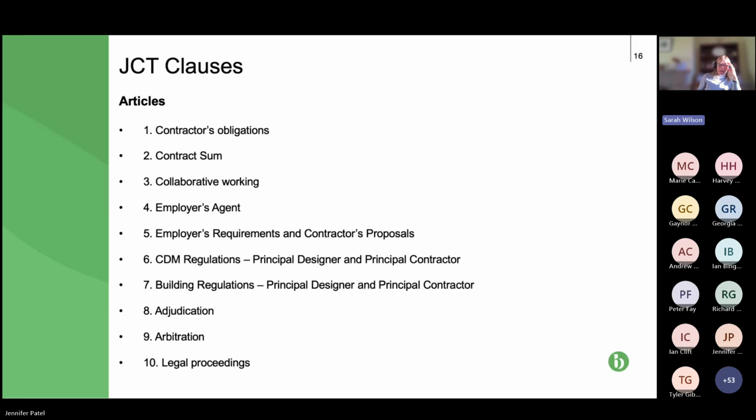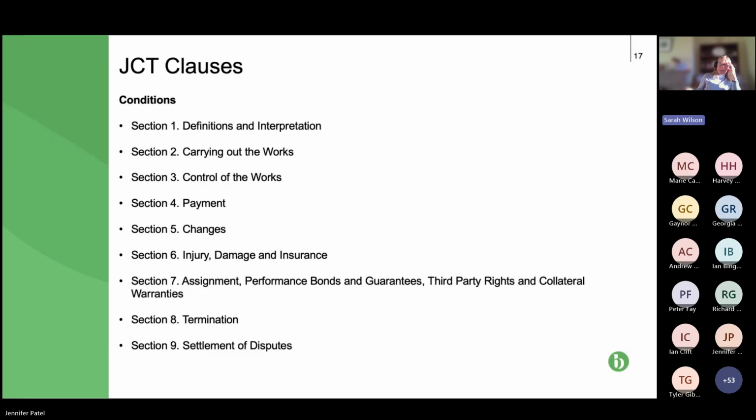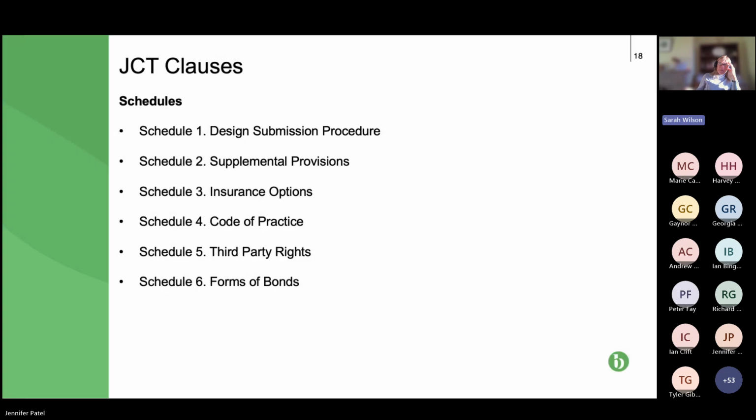And 8 to 10, dispute resolution provisions that go hand in hand with the dispute resolution clauses that we've just looked at. So if we can move on 2 slides, please, Jen. Lovely.